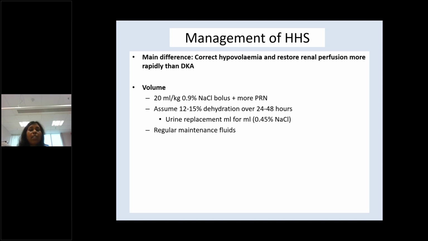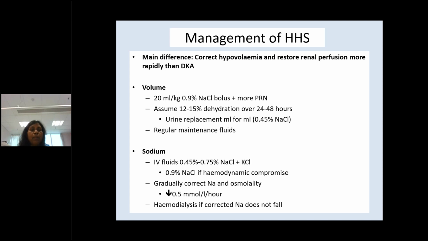And normally we do not replace urinary losses in DKA management, but HHS is where we have to replace them ml per ml, and that is with 0.45% sodium chloride, which we know is hypotonic, because their sodium is very, very high. And we always have to make sure that they're on regular maintenance fluids as well.